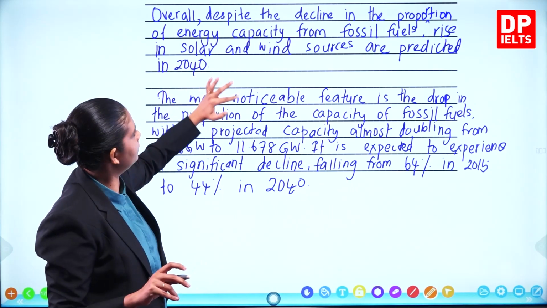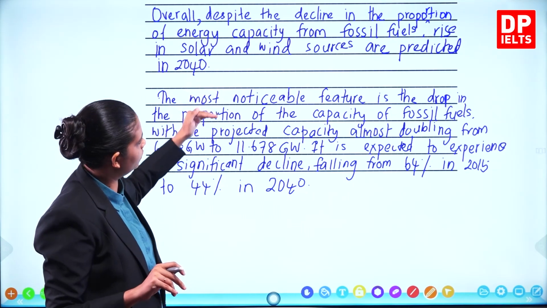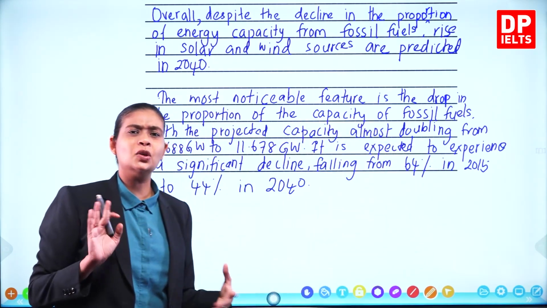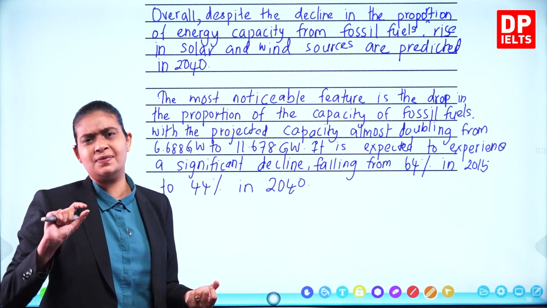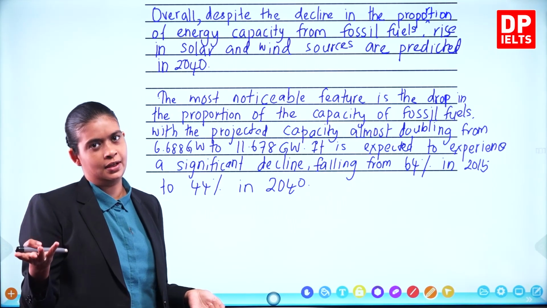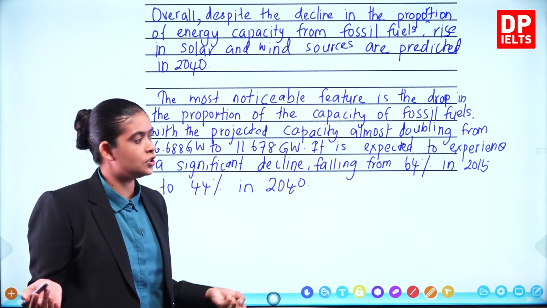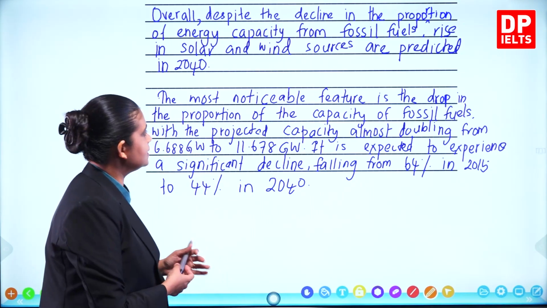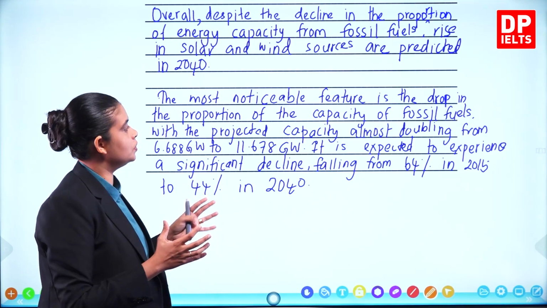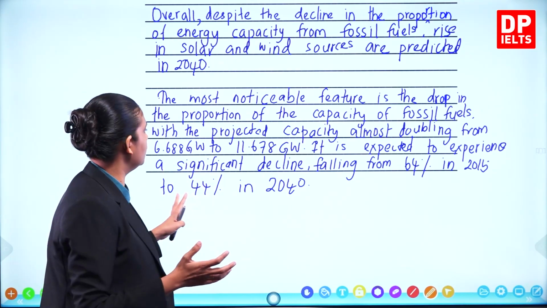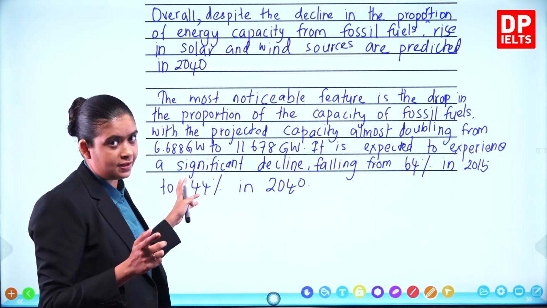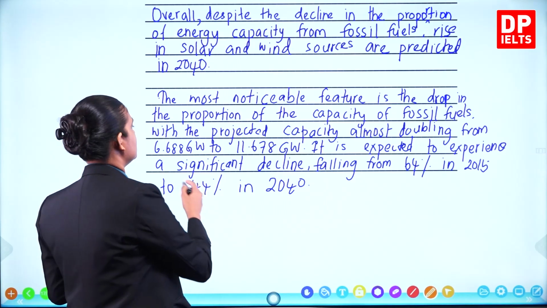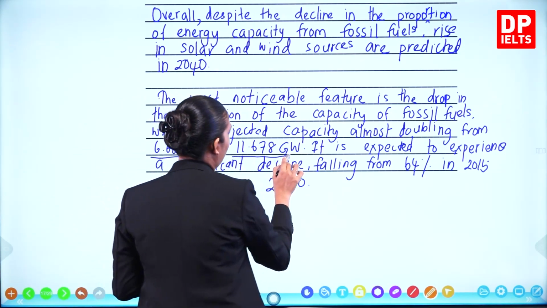Okay, so I've spoken about the capacity of fossil fuels dropping. Okay, and that's what I have written here. I didn't talk about other renewables because it's a very insignificant number, just 2%. So I've not picked it up as a main feature, so I'm not putting it here as well. So what I have told here is that the drop in the proportion of the capacity of fossil fuels is surprising. Why? Because the capacity overall is expecting to double, right?